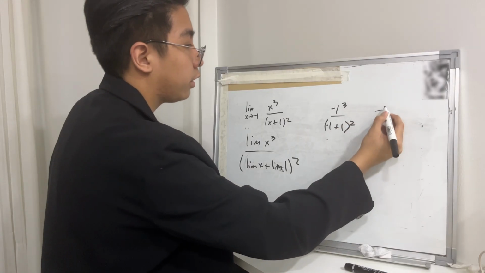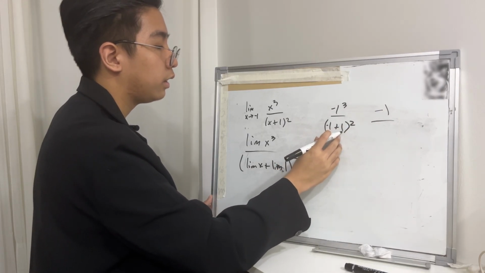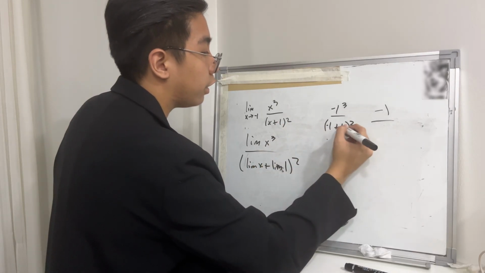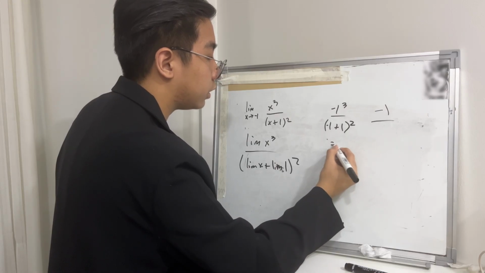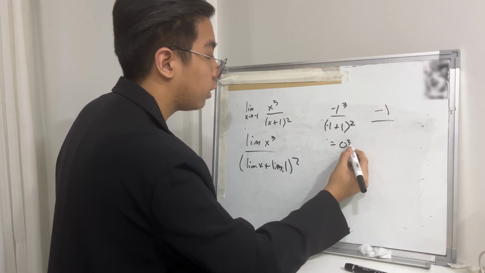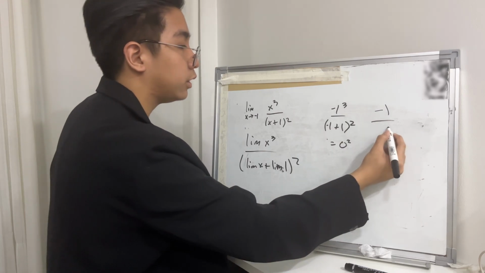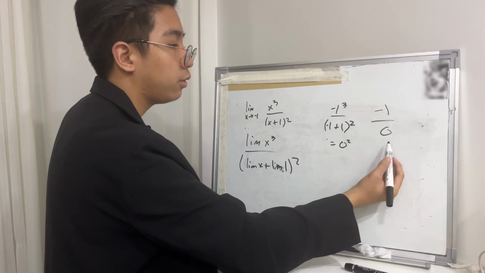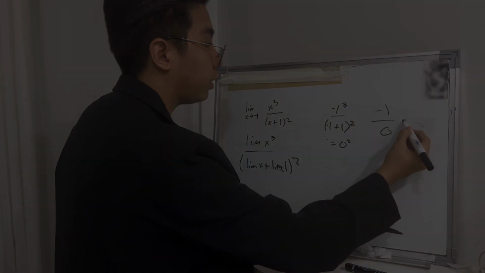So we have negative 1 for the numerator, then negative 1 plus 1, which is the same as 1 minus 1, so we have 0. This equals 0 squared, and 0 times 0 equals 0. So we have negative 1 over 0, which is considered undefined.